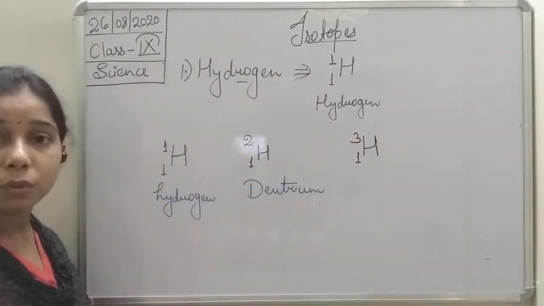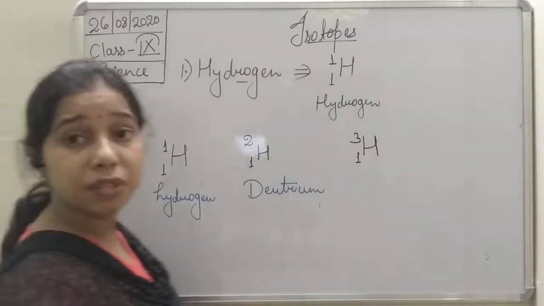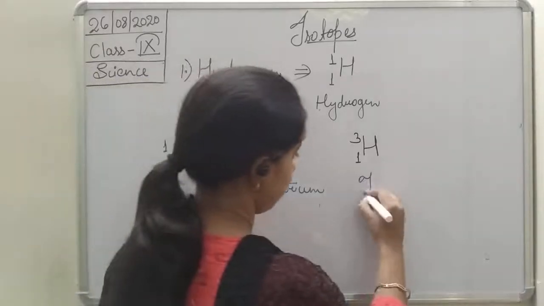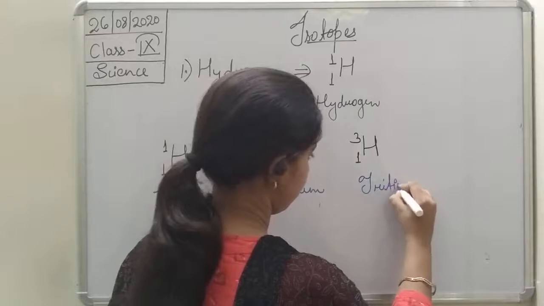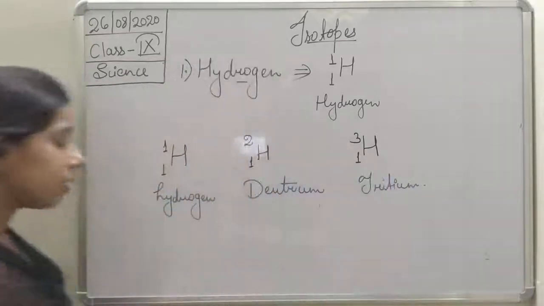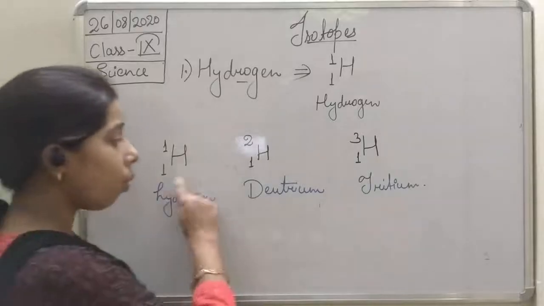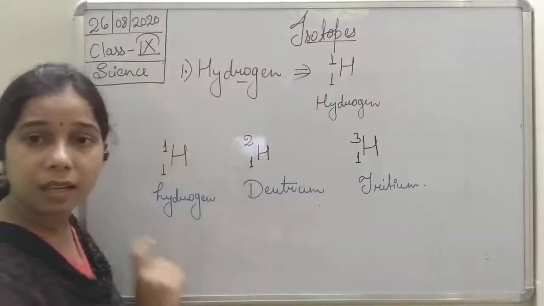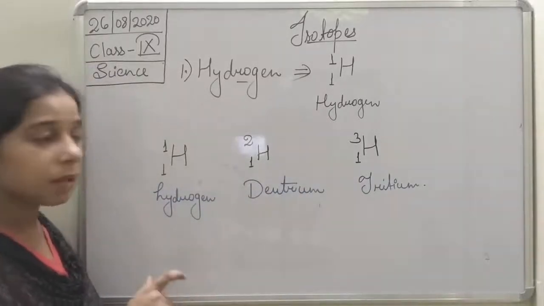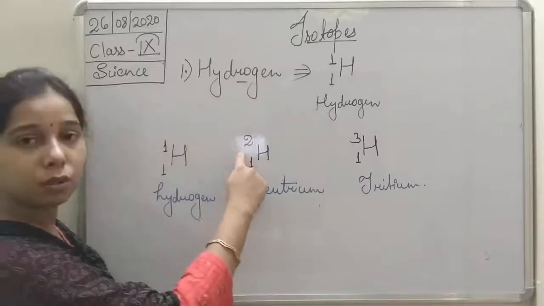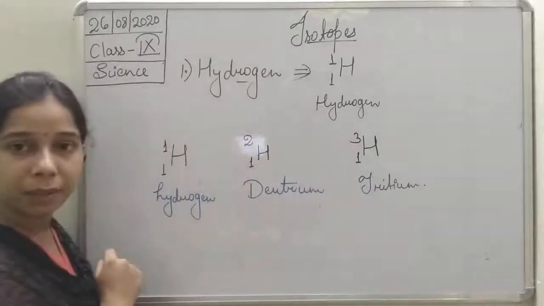So here we use the term tritium. So one is hydrogen, deuterium and tritium. Now you see here, students, all 3 have the same atomic number. Their mass numbers are 1, 2 and 3.